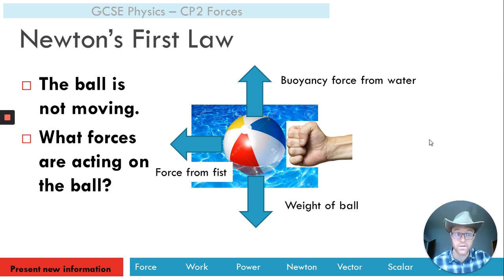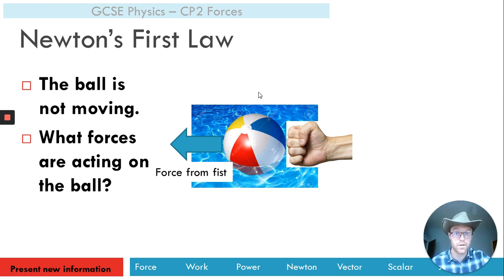When we calculate the resultant force, i.e. when we add up all the forces acting on the ball, we will have a force left over. So, calculating the resultant, if I add the weight of the ball and the buoyancy force from the water, they are equal and opposite. So they cancel out to 0. So the force acting in the vertical direction is 0.